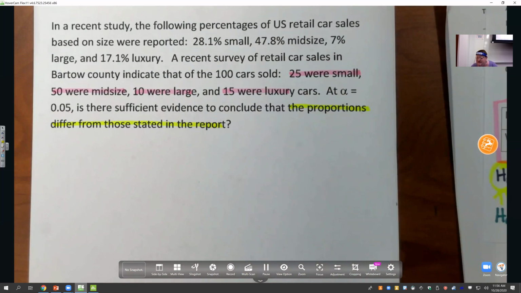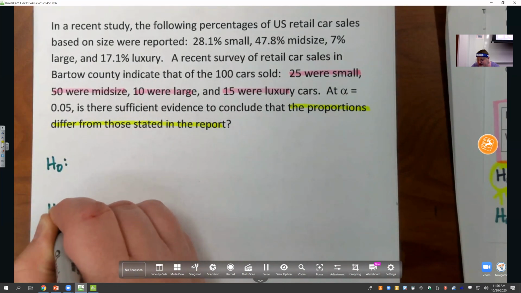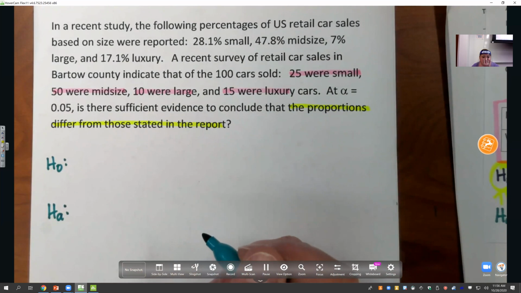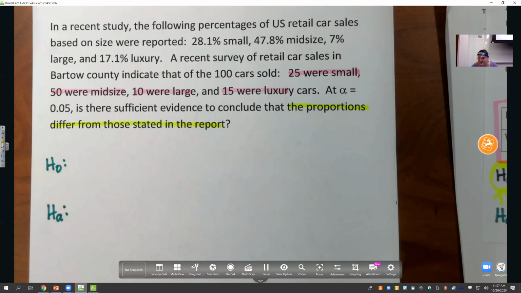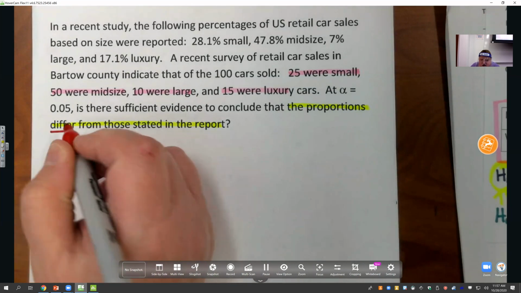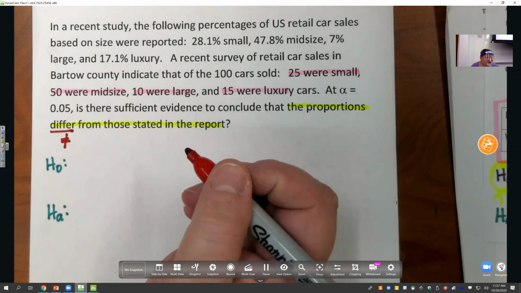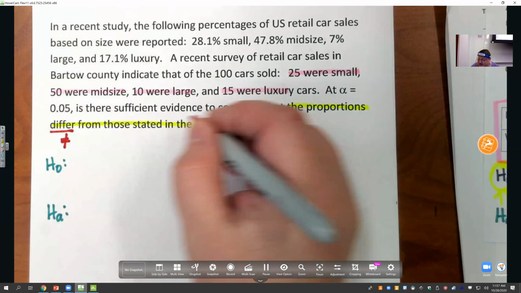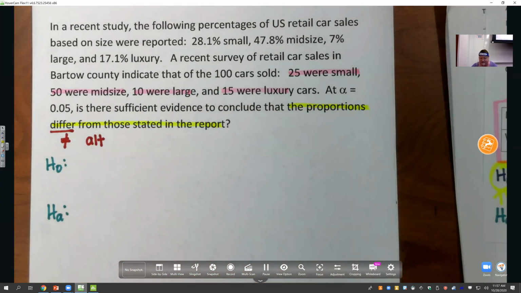But we begin with the same idea: we're going to state the null and the alternative. Again, we could use the sentence that's there. Think about it. Proportions differ. I hope differ makes you think of not equal. Differ means they're not the same. So this statement that's highlighted in yellow is your alternative.